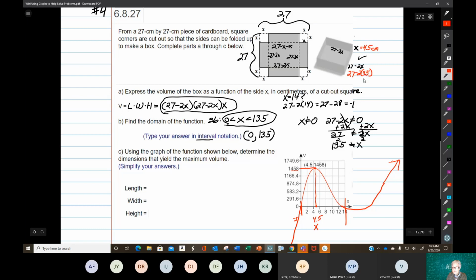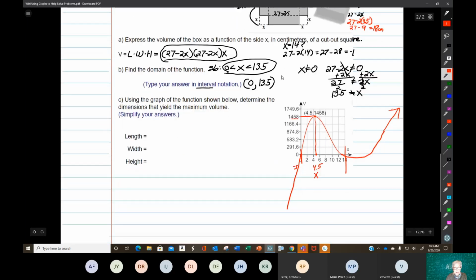That'll be 27 minus 9. 27 minus 9 is 18 centimeters. So the length and width of the box, because it's a square, is going to be 18 centimeters.